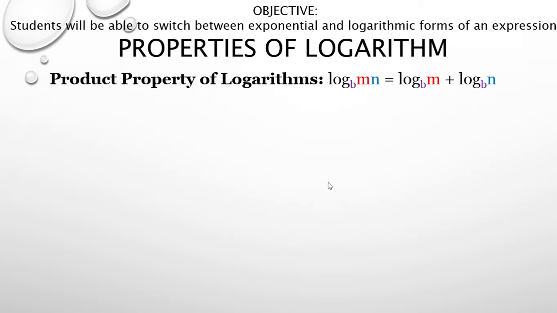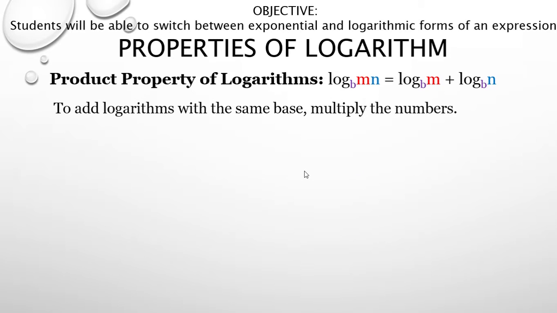Alright, properties of logarithm. The first one we are going to discuss is the product property of logarithm. If you notice, we have log base b of m times n. We can break that up into log base b of m plus log base b of n.